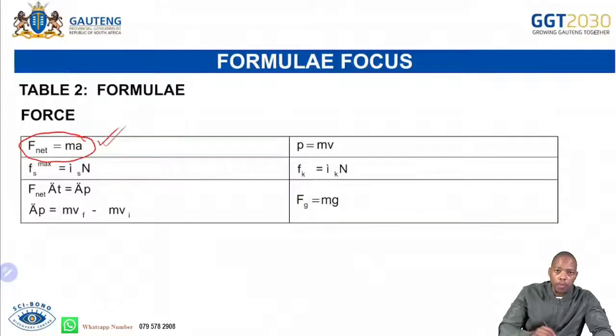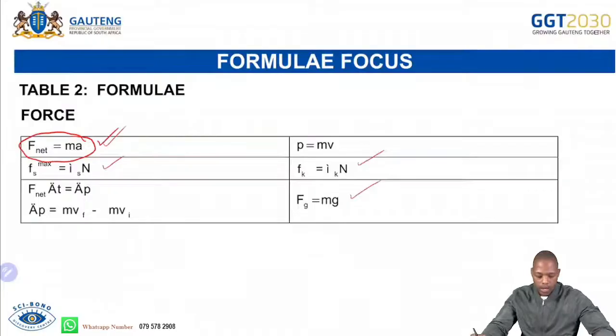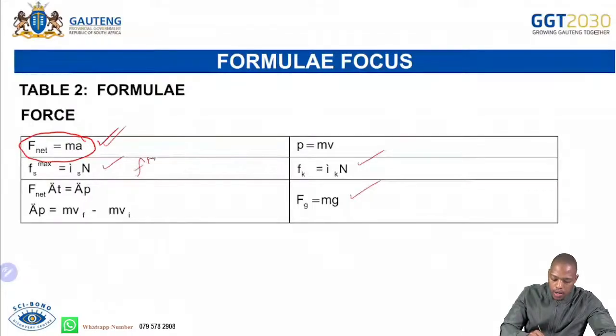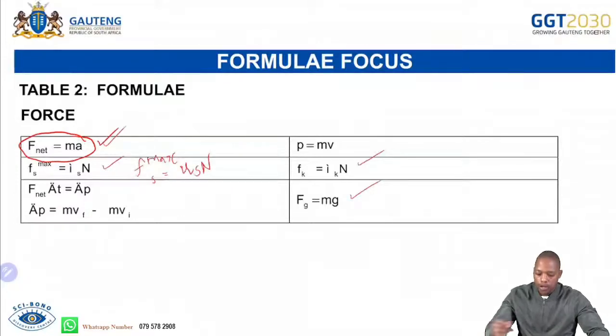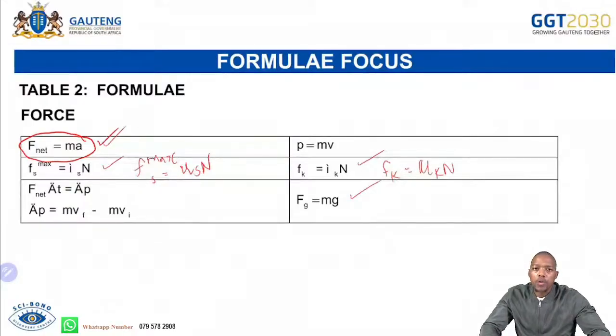However, we need to be familiar with these 3 formulas that we did in our previous grade. Starting with this one, F max s is equal to mu s N. And then with this one, F k is equal to mu k N. These are the formulas to calculate frictional forces.